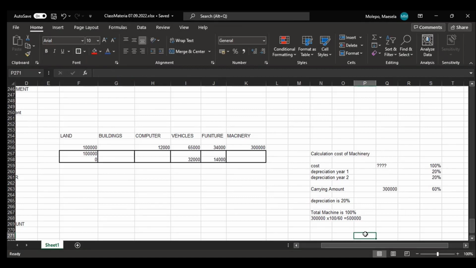So it means your cost price is 500,000. We are all happy. So these things, they're the ones which guided you to arrive at this 500,000.